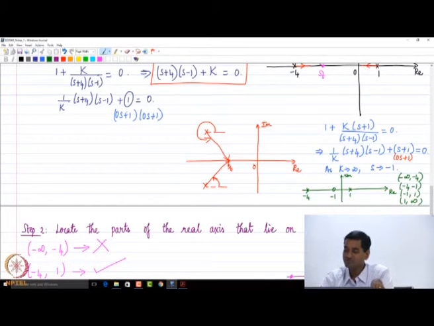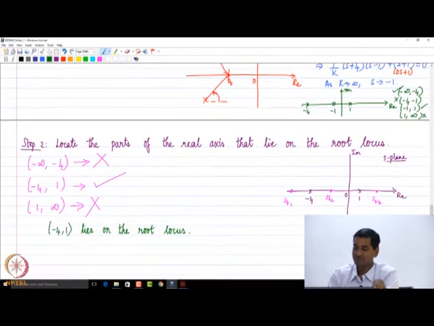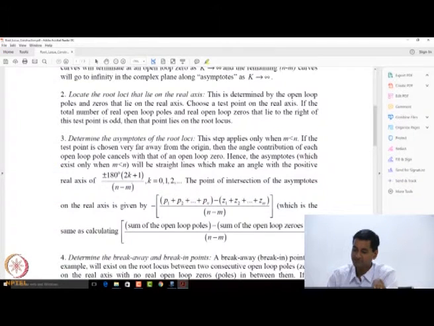So if you use this, you will see that minus infinity to minus 4 will now be on the real axis, because any test point here will have 3 open loop poles and open loop zeros to the right. This will no longer be there. Minus 1 to plus 1 will be giving you an odd number. This will not. Okay, so that's the difference which you get, right? So once you have the 0, that step is generic enough, right?